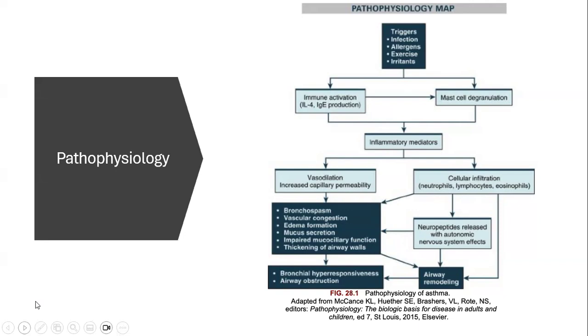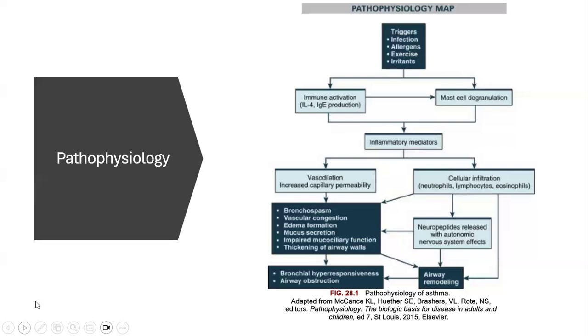Several triggers activate the inflammatory response, and it begins with activation of mast cells, eosinophils, and T lymphocytes, which release inflammatory mediators such as histamine, leukotrienes, and prostaglandins. These mediators cause bronchial mucosal edema and increase mucus secretion, which contribute to airway narrowing.